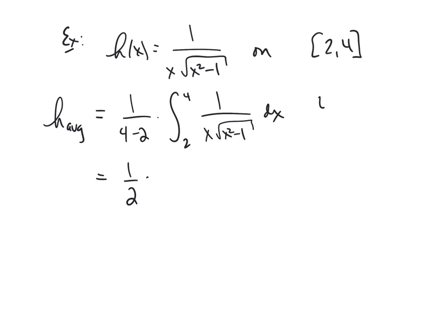And your first thought's probably we got to do some sort of u substitution, take the derivative of the substitution and all of that. But in this case, we don't, because what I'm giving you for an integral, 1 over x times the square root of x squared minus 1, is actually one of your basic rules. It's just not one that you guys recognize very well because we don't use these a whole lot.